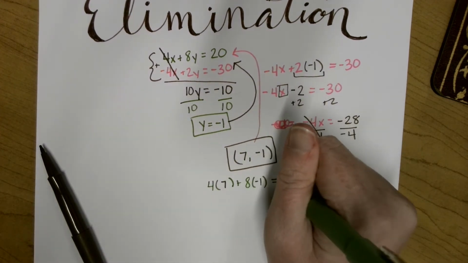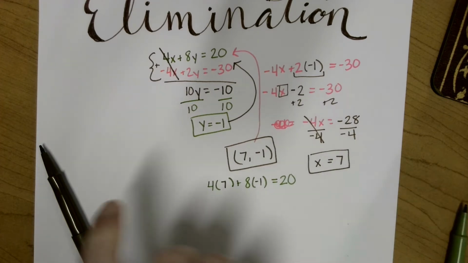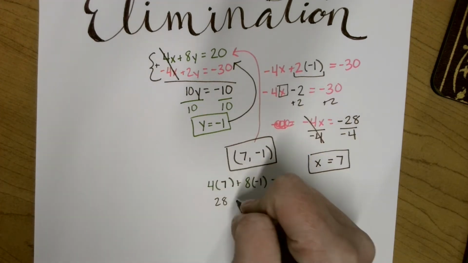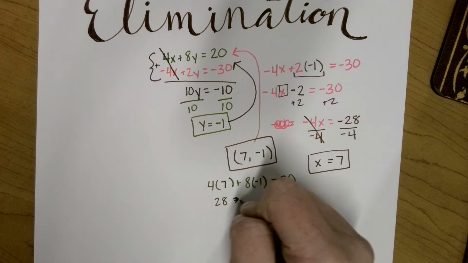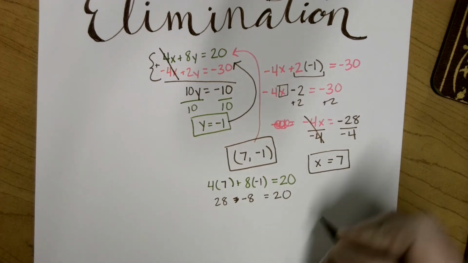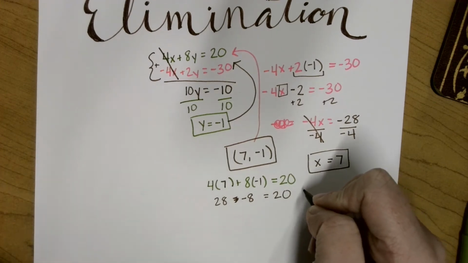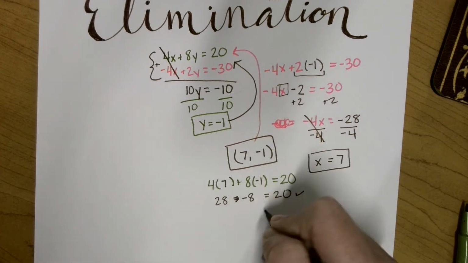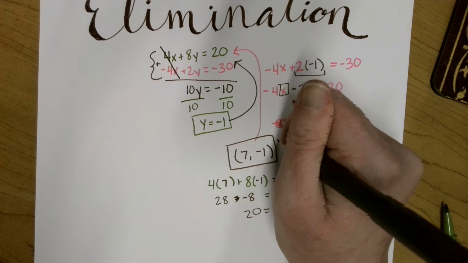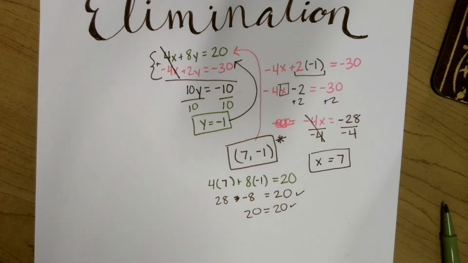And that is equal to 20. Alright, so 4 times 7 is 28. 8 times negative 1 is negative 8. So 28 minus 8 equals 20, and yeah, we know that's true, but if you need to write it out, boom, there you go. So this is a true statement, therefore this is the solution.